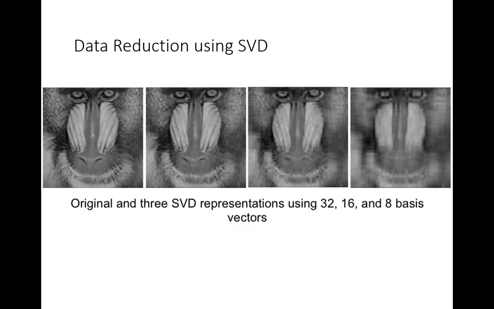And finally, it's reconstructed using only 8 eigenvalues and corresponding eigenvectors. So you can see that the last picture is obviously highly approximated because you can see all the differences from the original picture. But between the first and second, it's really difficult to make out how much is the difference.